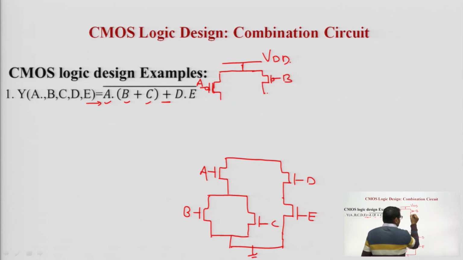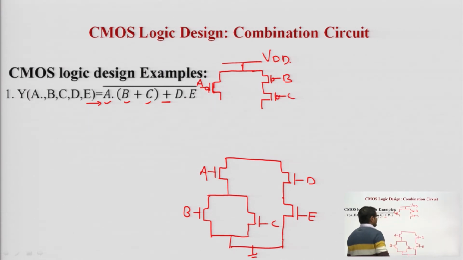This is B, this will be C. Here B and C in NMOS are connected in a shunt manner, so definitely in PMOS they are connected in series.